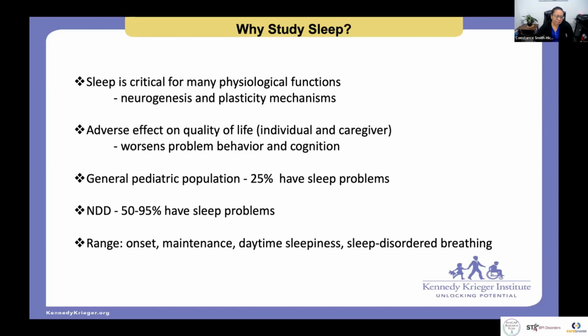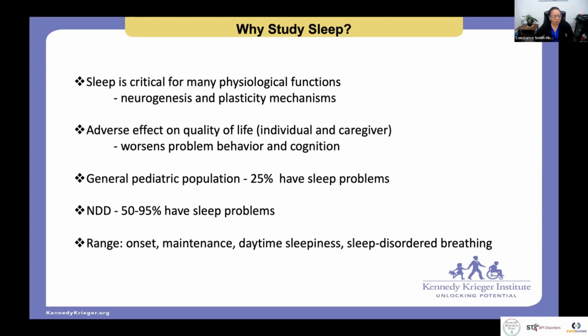Sleep is not just a common problem in neurodevelopmental disabilities, but it is pretty prevalent in the general pediatric population, and approximately 25%, so 1 in 4 children who are otherwise typically developed have sleep problems.